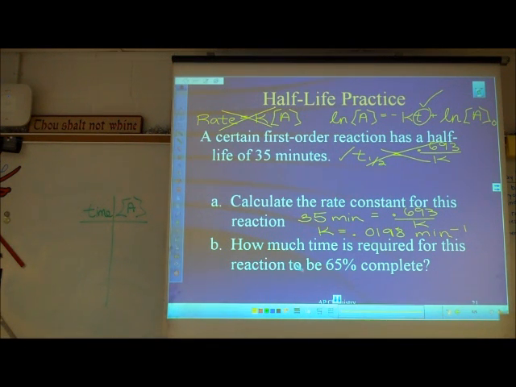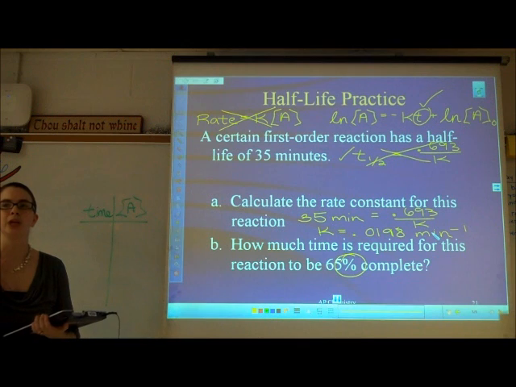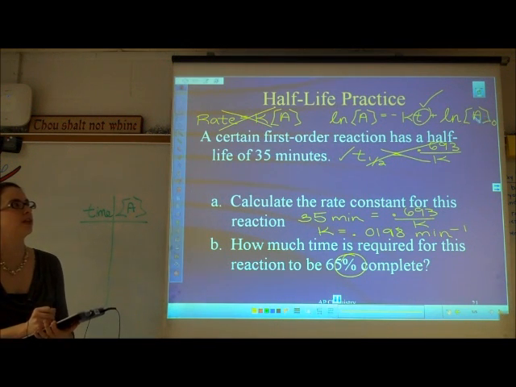Is required for this reaction to be 65% complete. Okay, well, let's look at this equation and decide what do we have, what are we missing. T is my unknown. Do we have a number to plug in for K? Yeah, we just solved for it. The issue is what to do with these guys. If you see a percent symbol, what do you think is a really easy number to start with as your initial concentration?